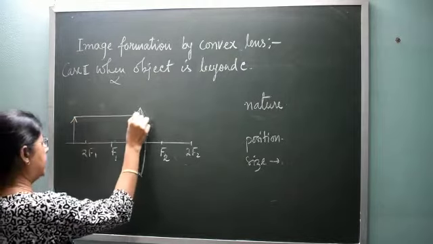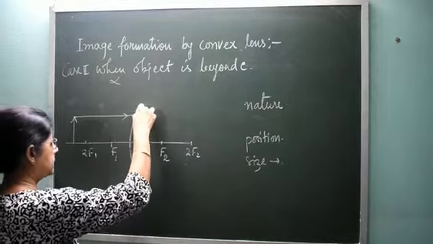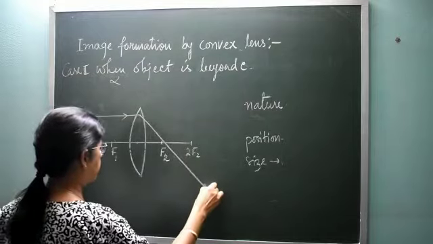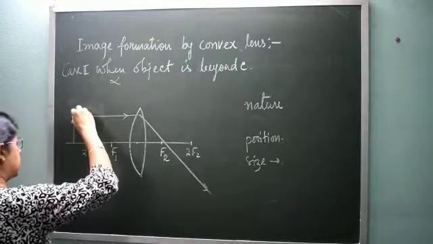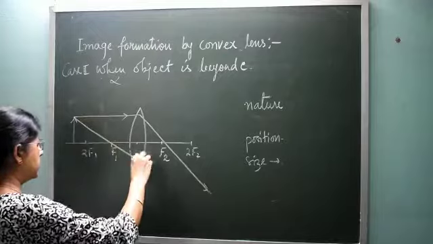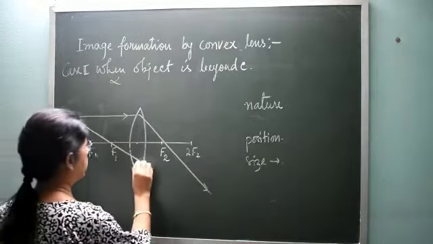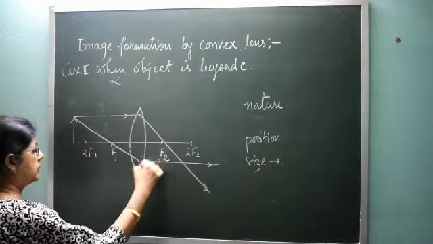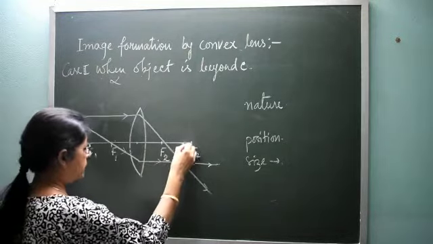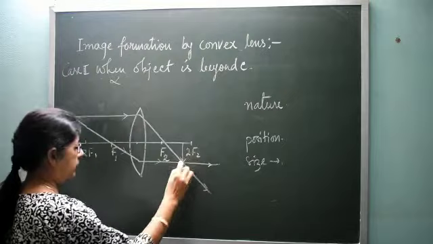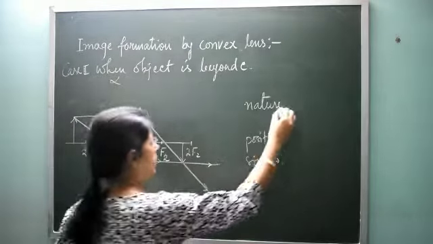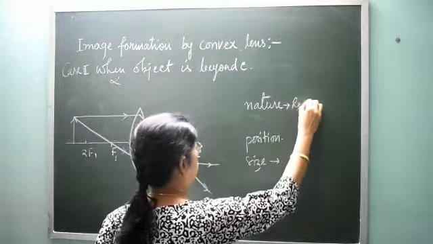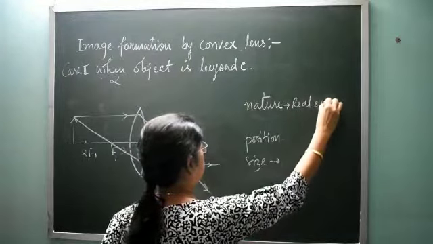One ray coming parallel to the principal axis, after refraction, will pass through focus. The second rule: if a ray passing through F, after refraction it becomes parallel. So this refracted ray actually meets at this point, so the image will be formed here. Again, nature is real and inverted.